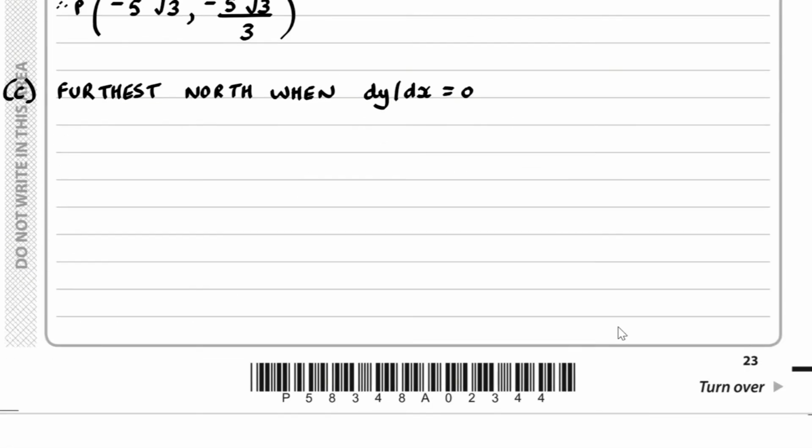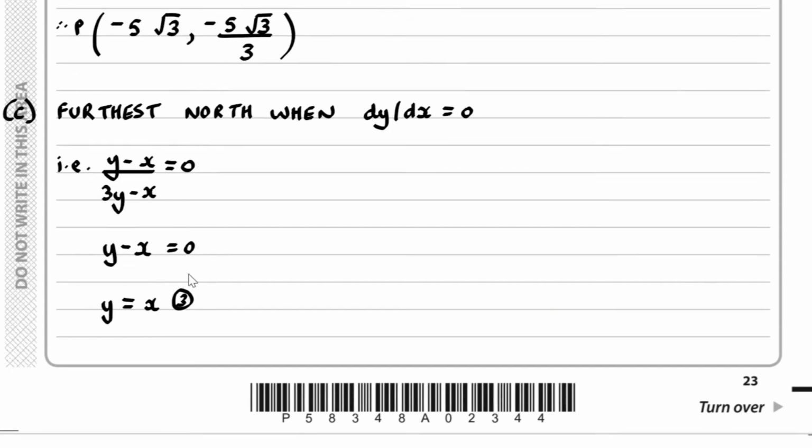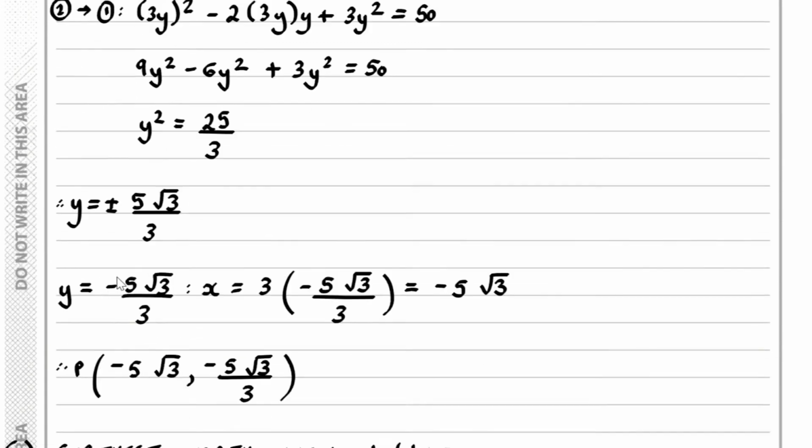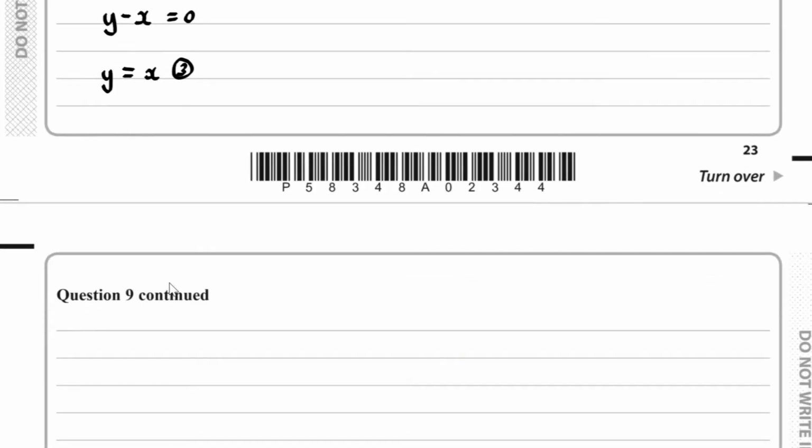So what we need to do then is set dy over dx, which is y minus x over 3y minus x, equal to 0. So we've got y minus x equals 0, in which case y is equal to x. And if I call this equation 3, we can then substitute 3 back into equation 1 and then choose the positive solution.